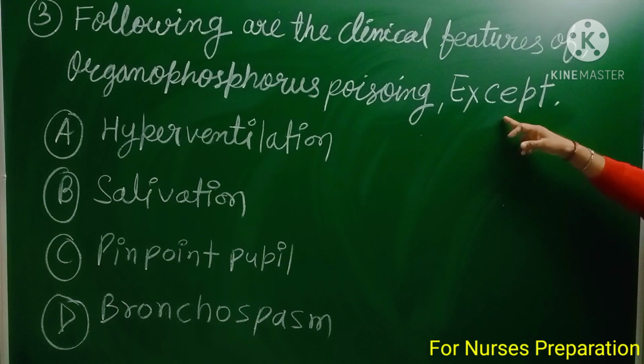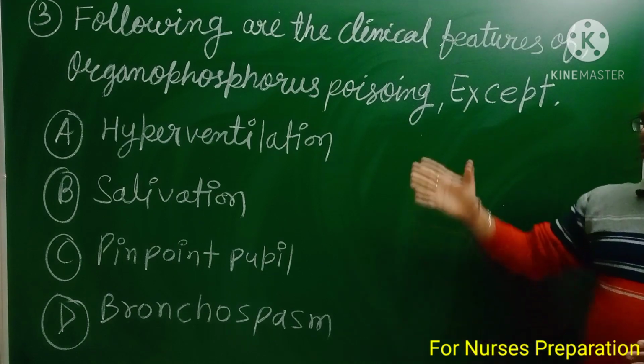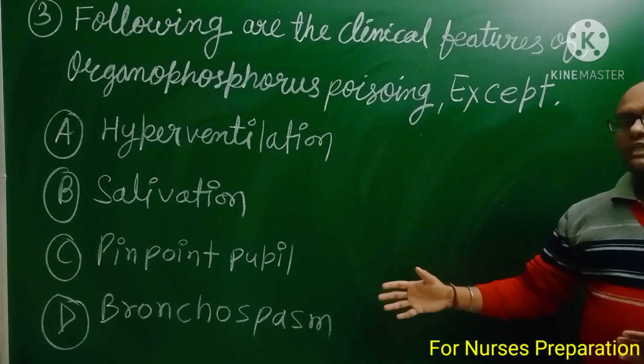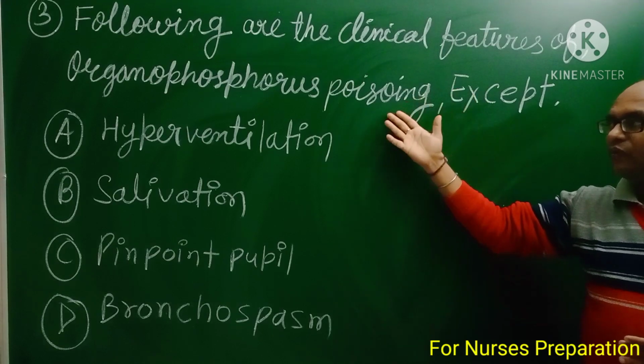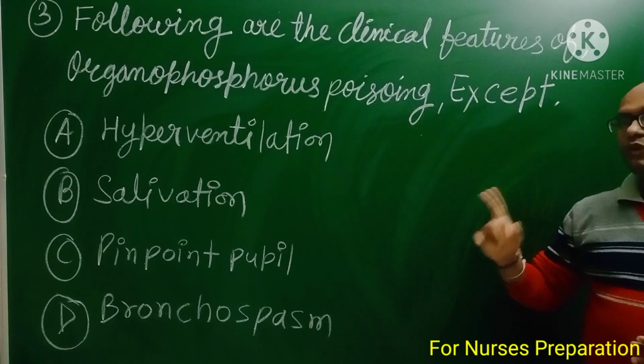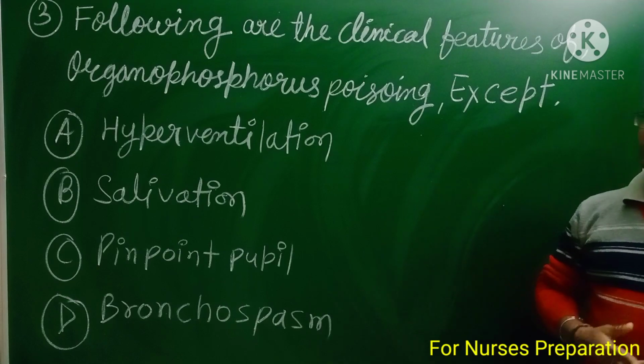Always try to focus upon the last word of the question because it changes the question's meaning. Whenever this word except is present in the question, it means just the opposite of the question. Of these four options, three are clinical features of organophosphorus poisoning, but one is not. Which one is not? You have to select.